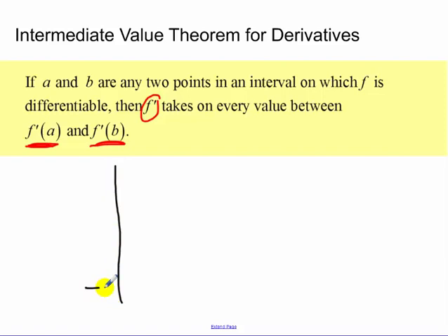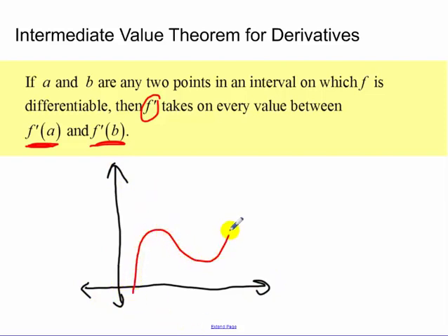So real quick, what that means. I have a function from a to b. And let's estimate what the slope of that tangent line could be. Let's say the slope, or f prime of a, is something positive.